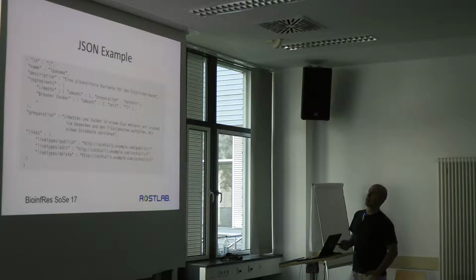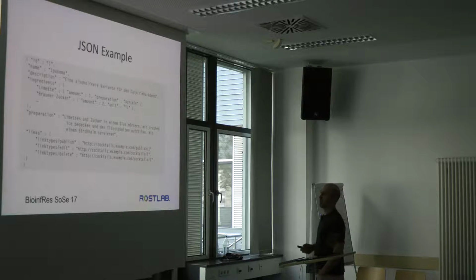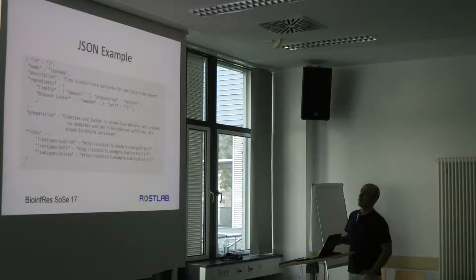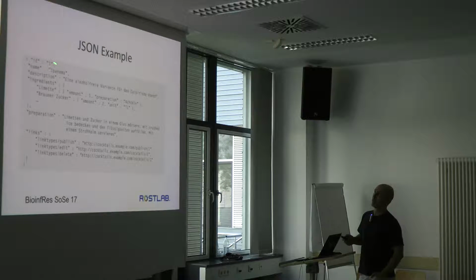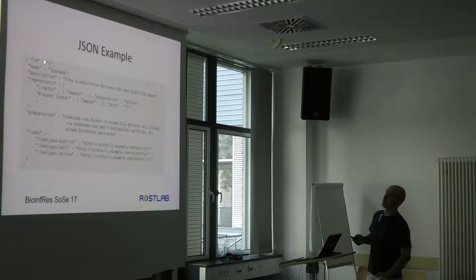So this is an example for the JSON format. What is very typical, you see the thing is structured by using curly braces, and then you have a key value pair. So ID would be the key, and here the ID would be the value. It also allows the nesting of these key value pairs.